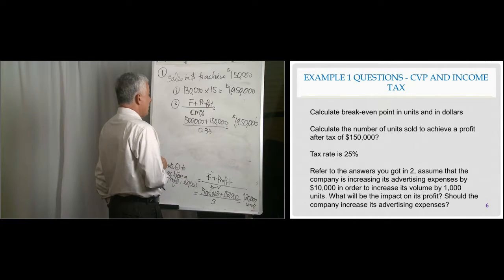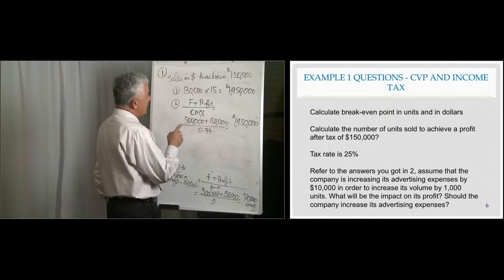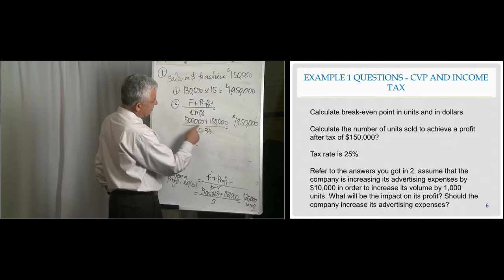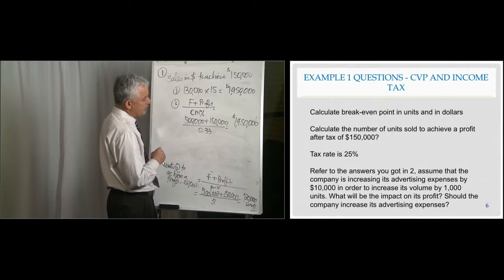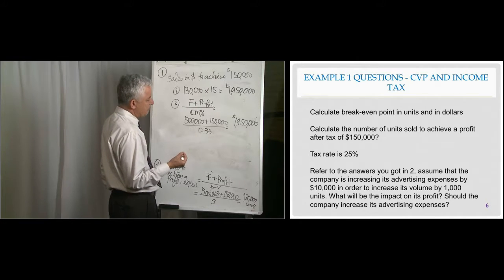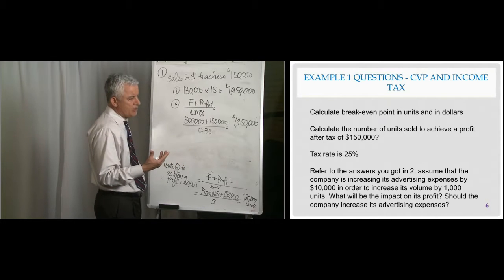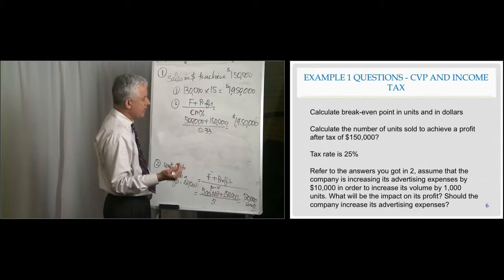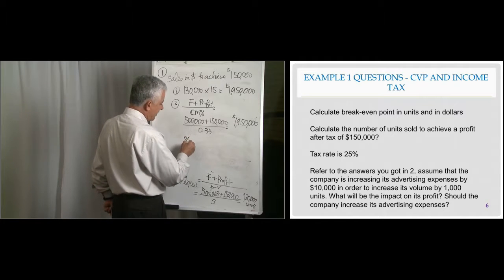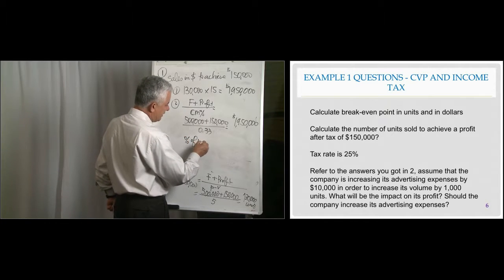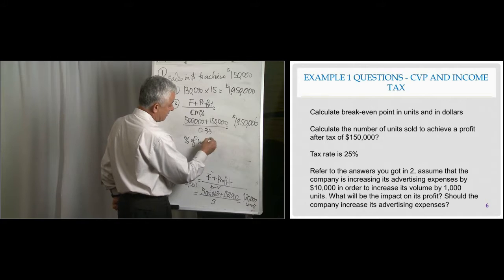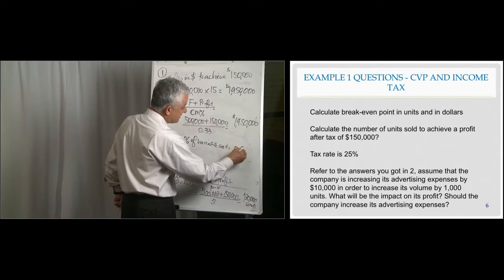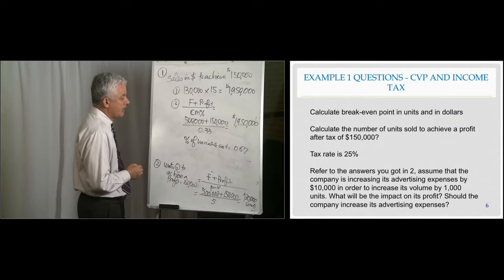Okay, that will take care of question 2, but before I move to question 3, when they tell us that the contribution margin is 0.33, what does it tell us about the percentage of variable cost? It must be the remaining, so the variable cost percentage is going to be 0.67.